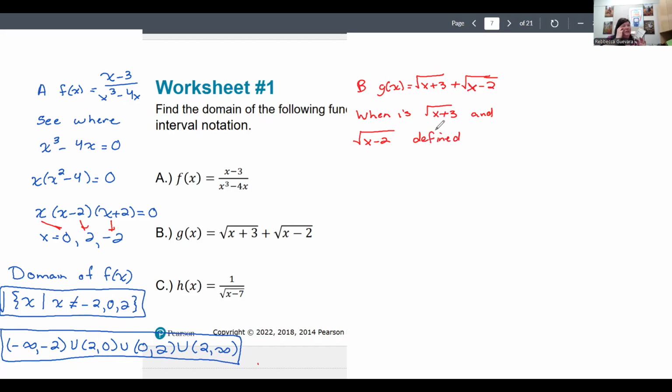So here's a little difference: in A, when you're figuring out when the denominator is 0, you're looking for where it's undefined. In B, when you're looking at radicals, you're trying to figure out where the function is defined. So we have to flip around a little bit depending on what we're doing. We know these are only going to be defined as long as the radicand is greater than or equal to 0.